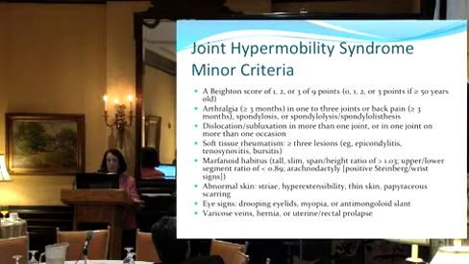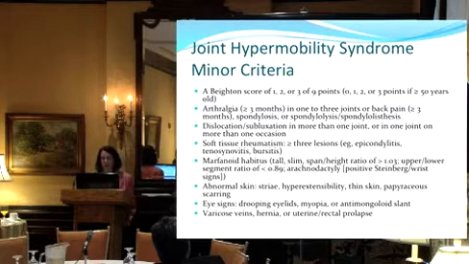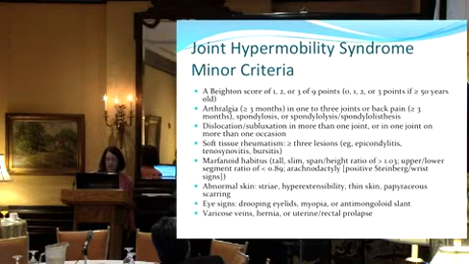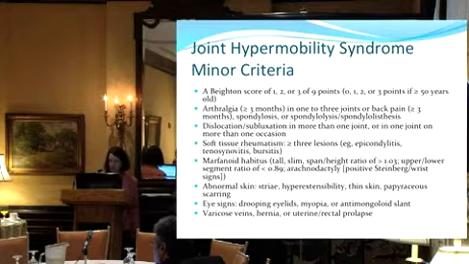So the presence of joint pain, spondylosis or spondylolisthesis, dislocations and subluxations in more than one joint, things like epicondylitis, tenosynovitis, and bursitis, the marfanoid habitus, skin involvement, eye signs, and varicose veins, hernia, or uterine or rectal prolapse.